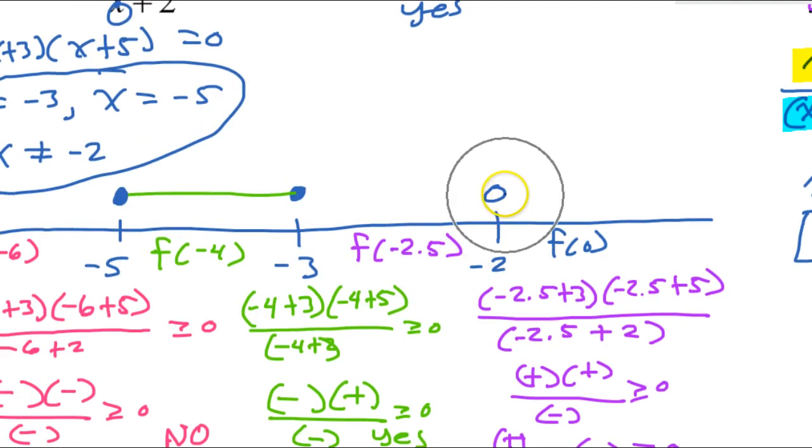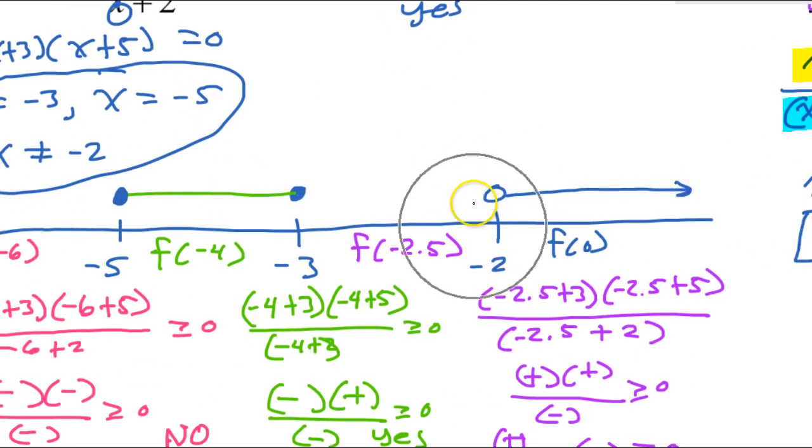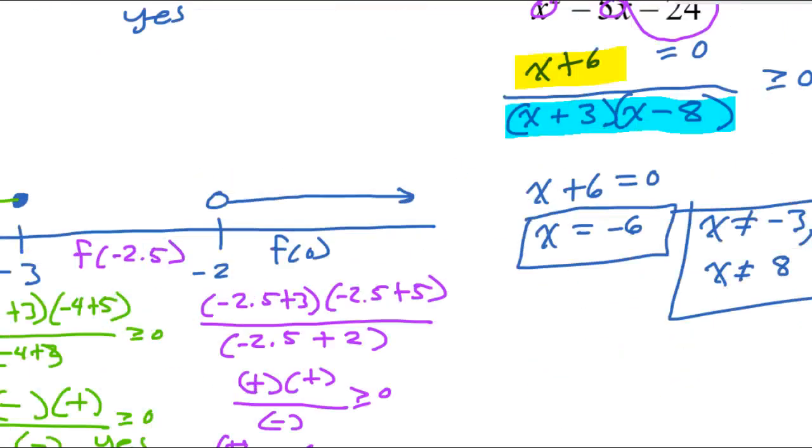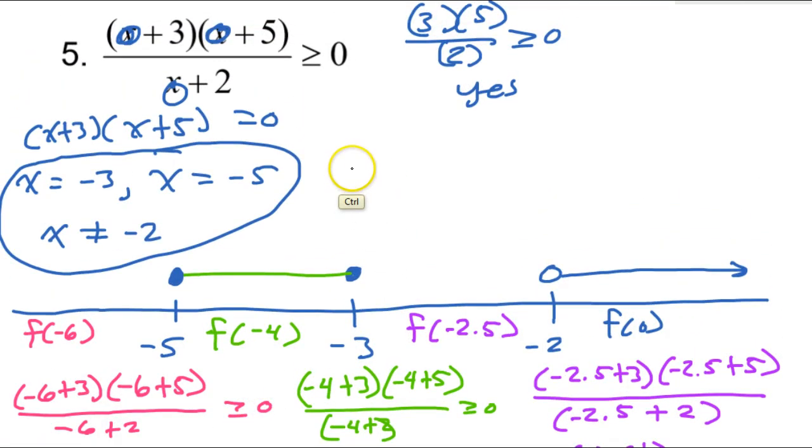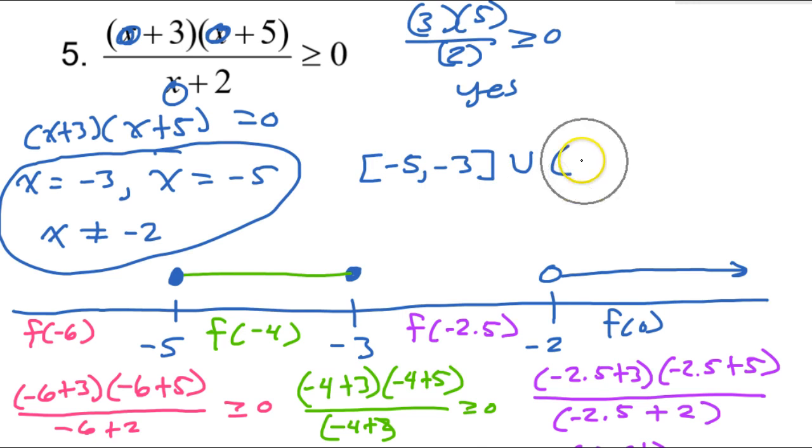So I will have solutions in this interval. So this is a graph of my solution set. I'm ready for interval notation. So my final answer is going to be bracket negative 5 to negative 3 bracket union parentheses negative 2 to infinity.